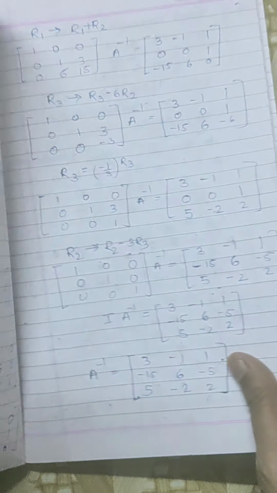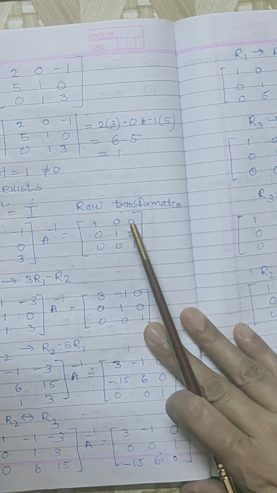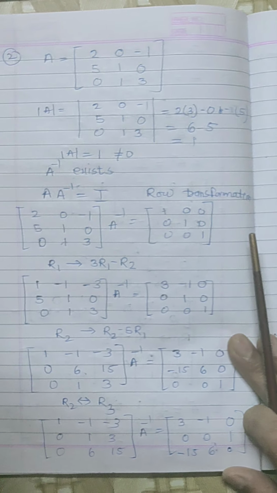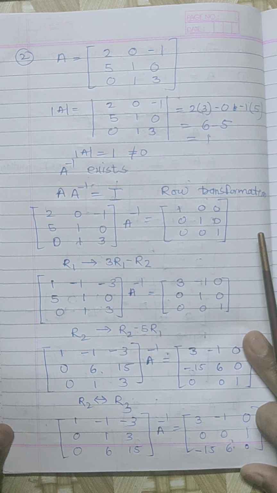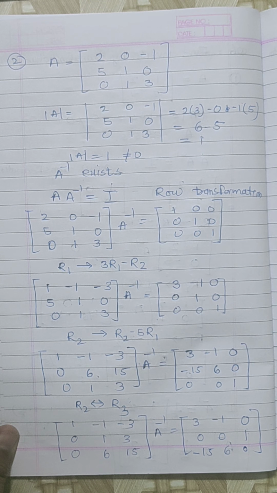Next is a 3 by 3 matrix, so more transformations will be there in this. This matrix A is given, which is of order 3 by 3. So the first step is you have to find the value of the determinant, which should not be equal to 0.